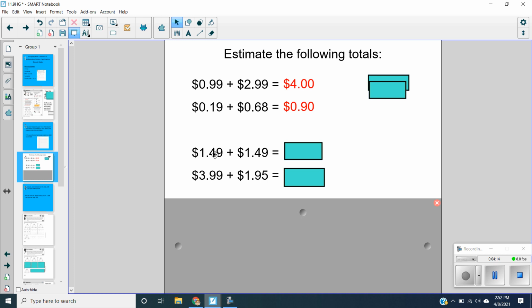So $1.49 would round to $1.50, and then I would have $3 when I'm adding those two together. $3.99 is very close to 4, and $1.95 is close to $2. So I would have $6.